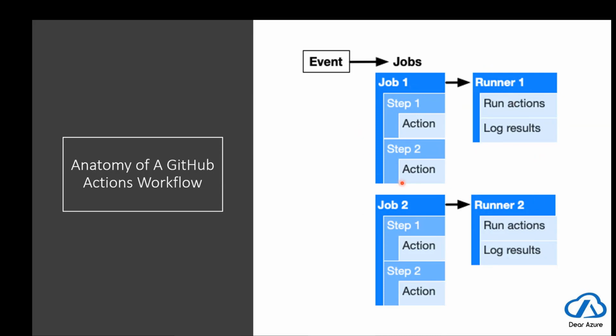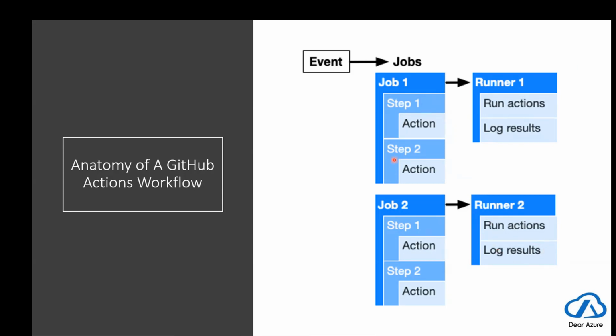Now, the problem that arises with this kind of architecture is that if we want to share some artifacts that were created during job one, let's say we have created a publish package in job one and we want to deploy to production in job two, then since they are running on different machines, we can't share the artifacts between them.